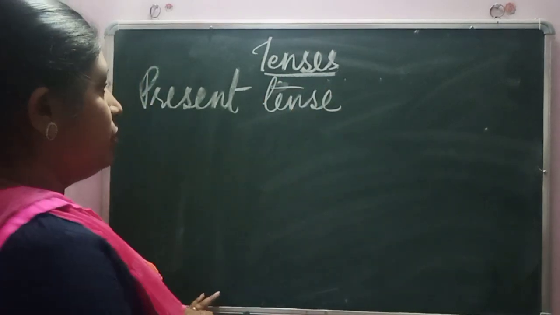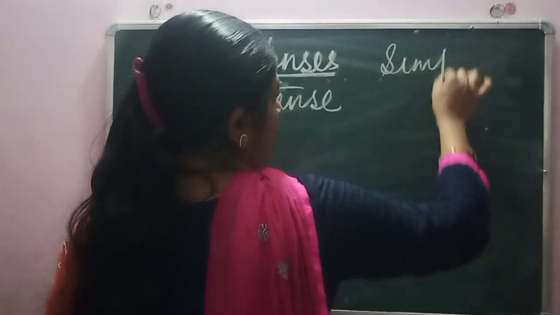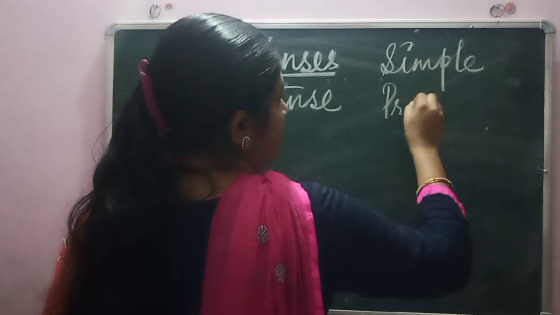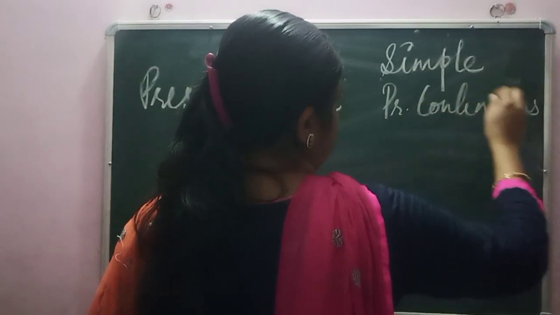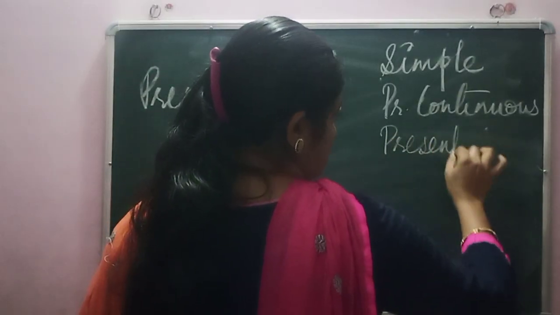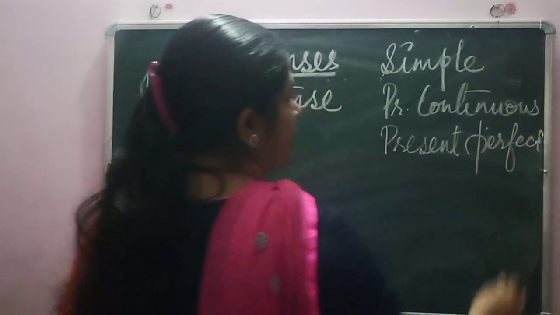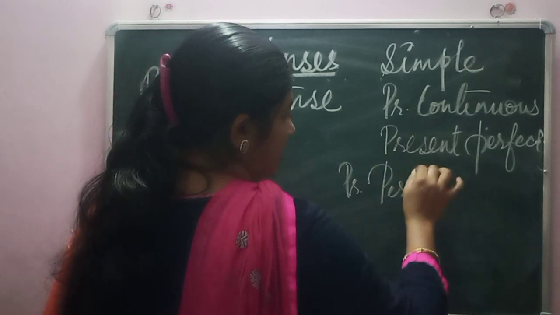So it is again divided into 4: simple present tense, present continuous, now the third one, present perfect, fourth one is present perfect continuous.